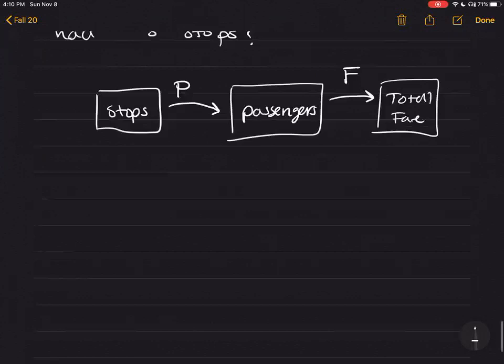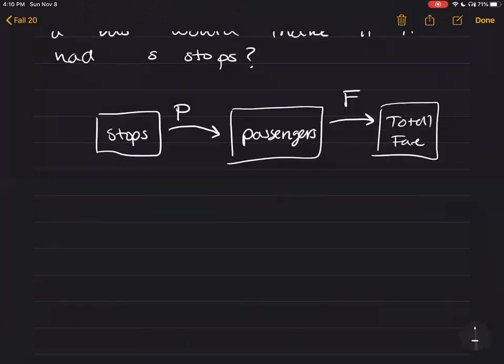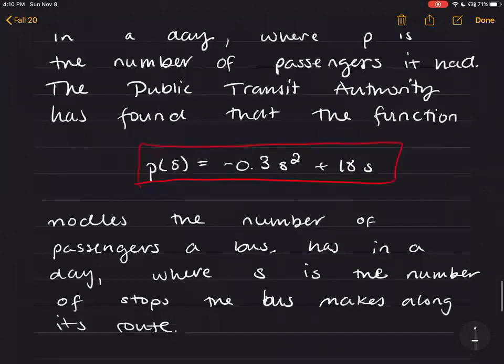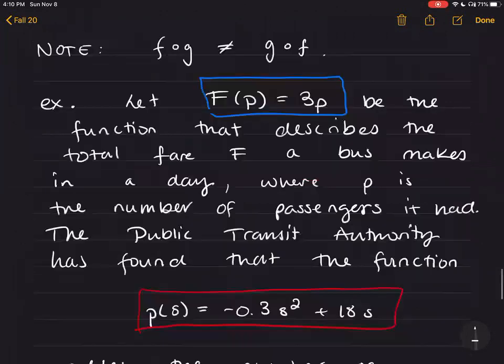Okay. Now, if you remember the diagram from before, if we want to compose these functions, we need to kind of go a little bit backwards. So this will look like F of P. Okay. And if it's a little confusing how I got to this point, I recommend you go up here and look. In the blue function here, P is passengers. And in the red function here, the function P is passengers.